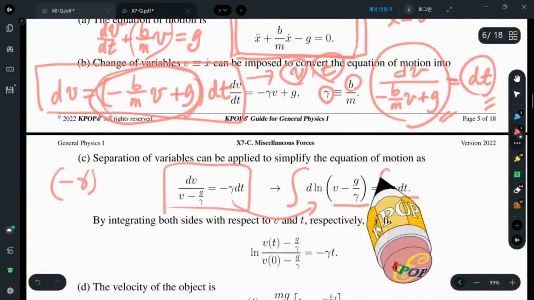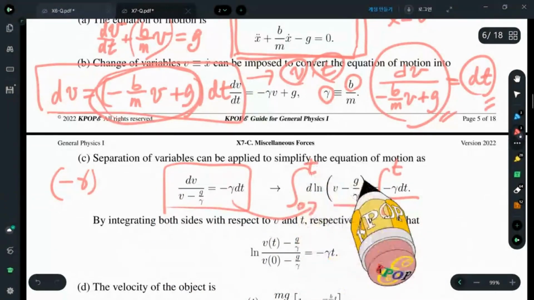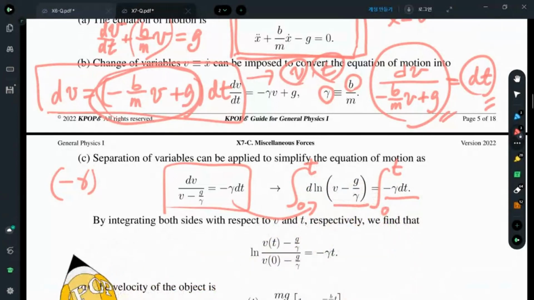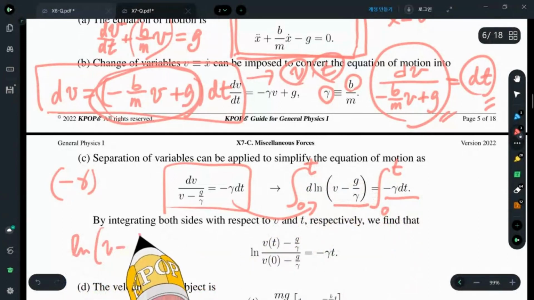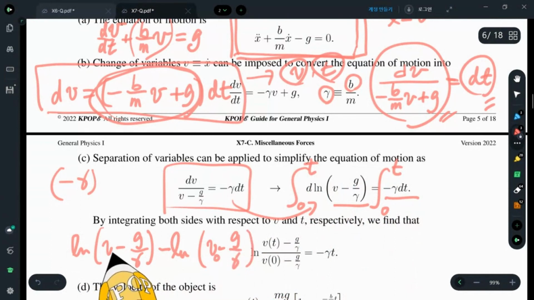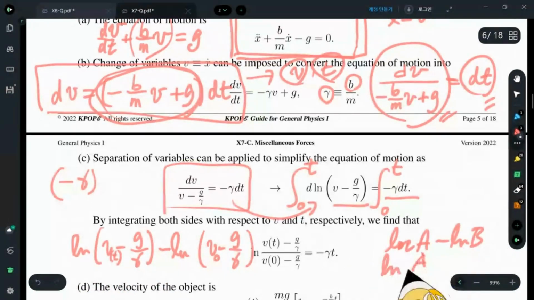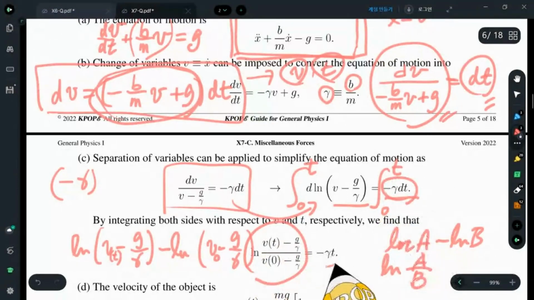If you integrate from the initial state to some time, what you get is the final log of v minus g over gamma, subtracted by the log of v minus g over gamma at 0, so it is a value at t. And log a minus log b is just log a over b. So this is the result, and the right hand side is a trivial integral.